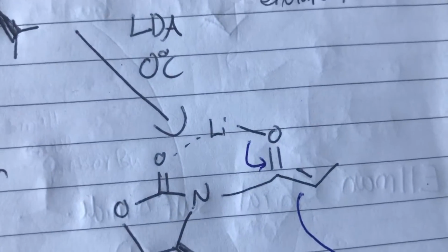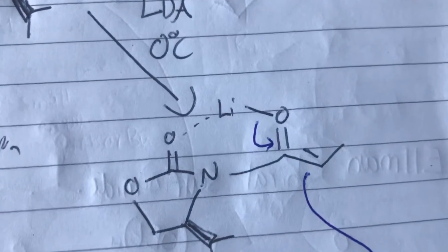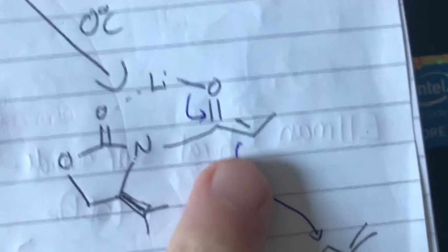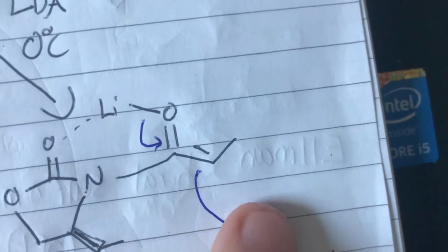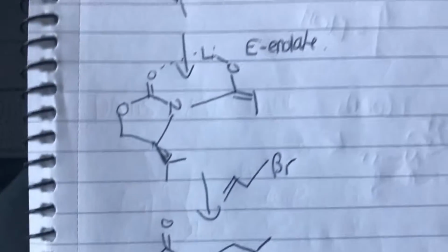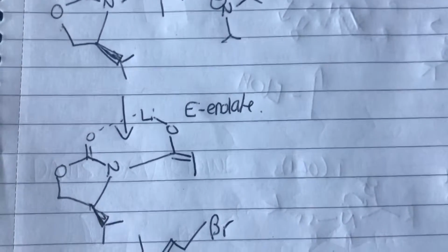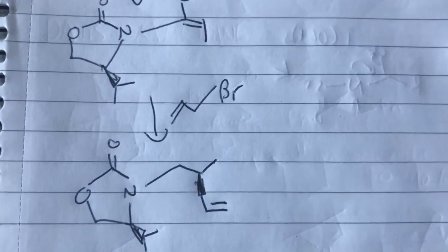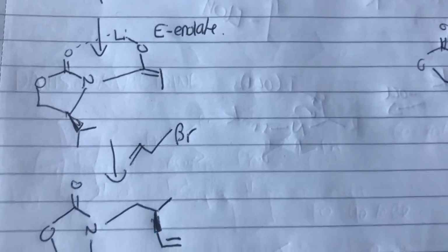So basically, the lithium's just come straight on from last time. In this case, we formed a double bond there from the hydrogen. Effectively, we've done exactly the same thing, apart from the lithium's just gone straight away. As you can see there, we get the same thing pretty much, apart from we get an E enolate this time. In this case, we had a Z enolate for the thermodynamic, and we just do exactly the same thing with the bromine.